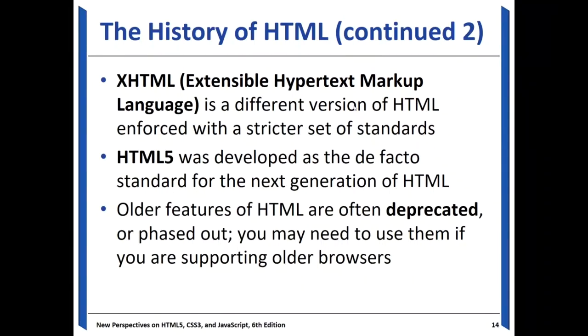All right, XHTML is Extensible Hypertext Markup Language. It's a different version of HTML with stricter standards. This was where the industry was at before the development of HTML5.